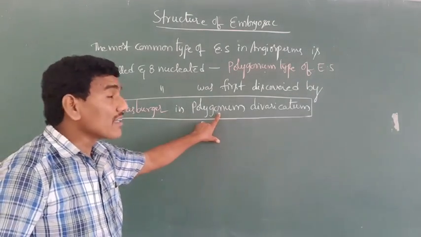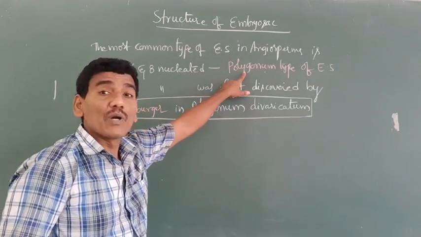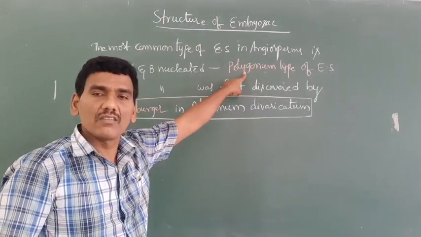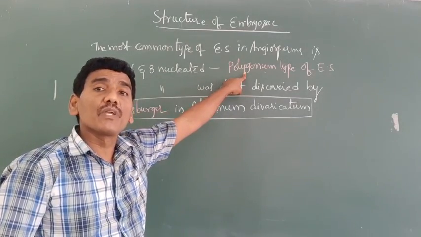Based on the plant name, this type of embryo sac is also known as the Polygonum type of embryo sac.